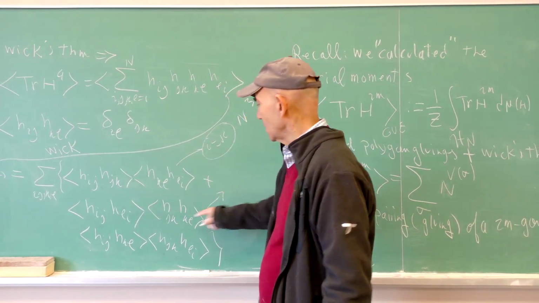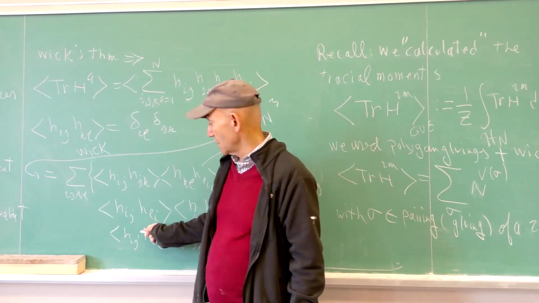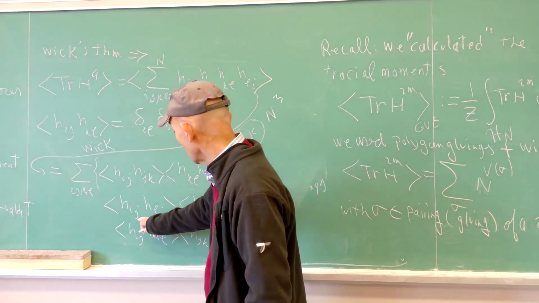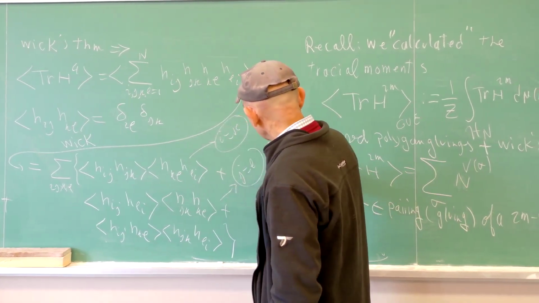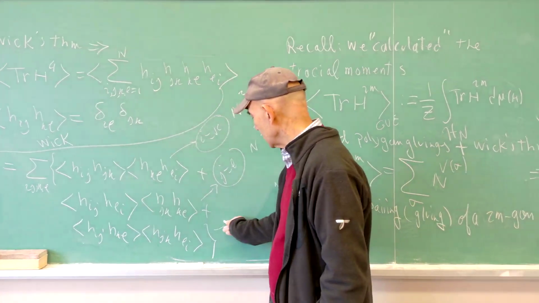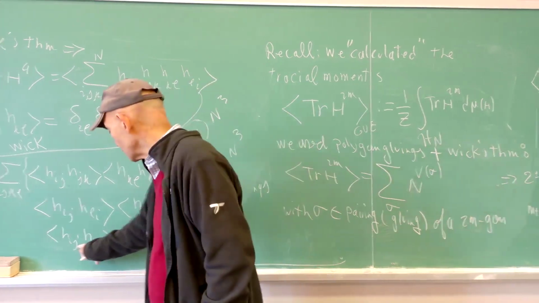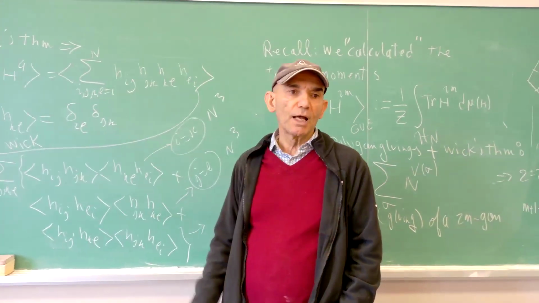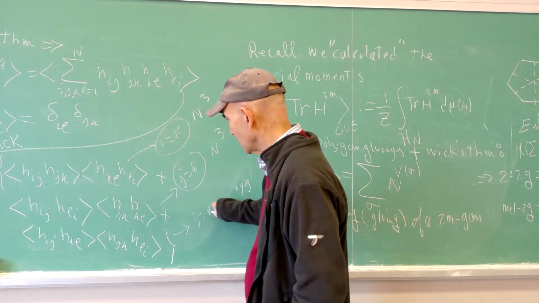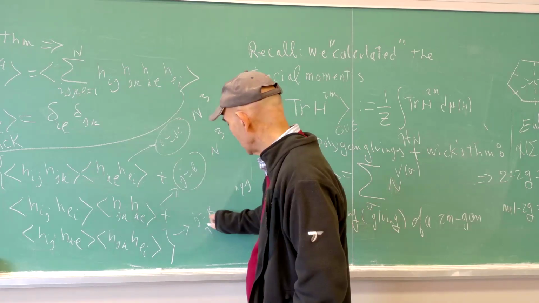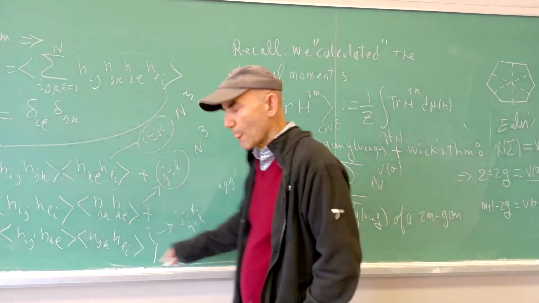Here also, the only condition is that non-zero terms correspond to i equal to k, j equal to l, and then you get n cubed. But in this case, you have more conditions because j has to be equal to k, i has to be equal to l, and so on, and k has to be equal to l as well.